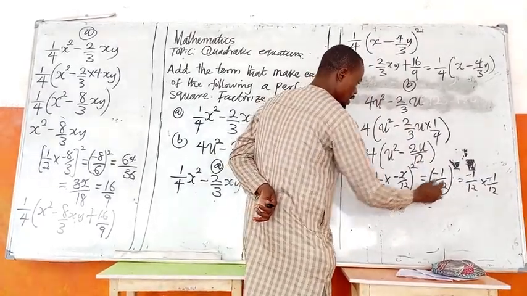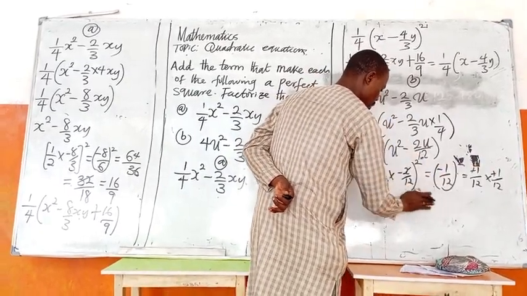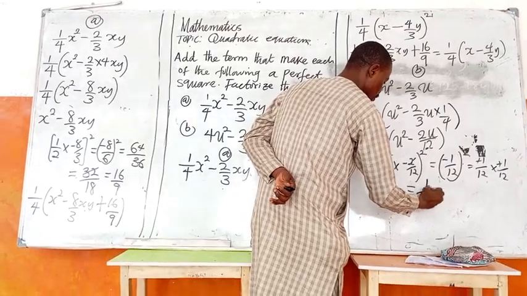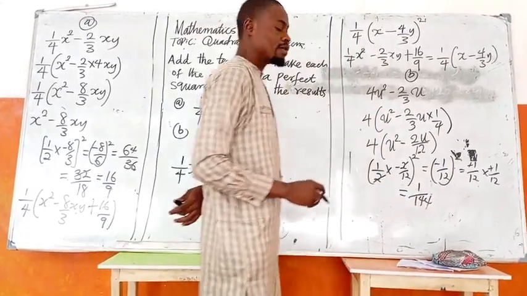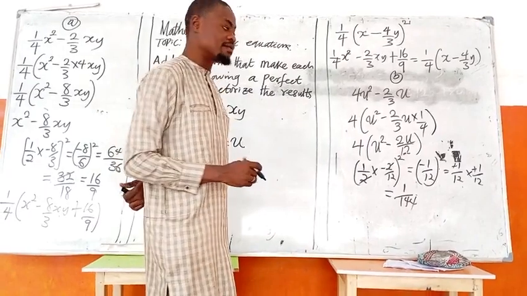Minus times minus is plus, 1 times 1 is 1, over 12 times 12 is 144, which means that 1 over 144 can be added to the expression to make it a perfect square.